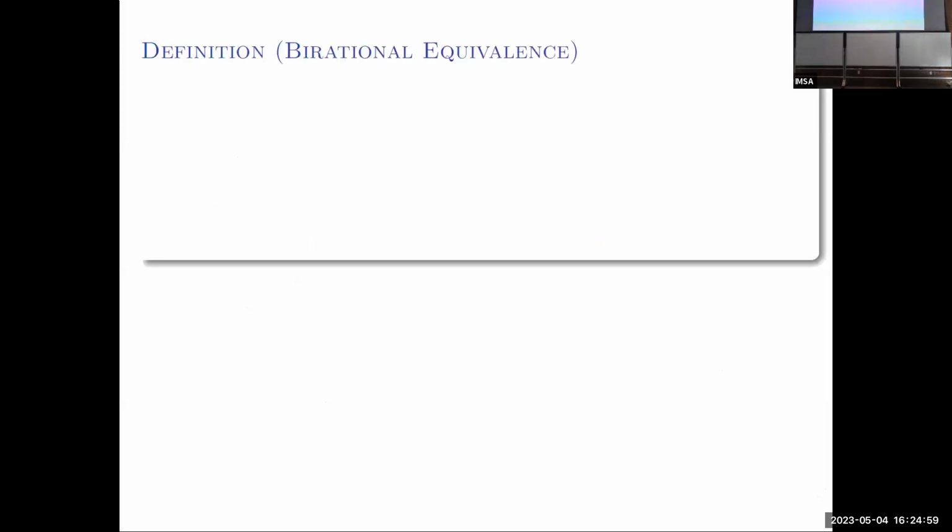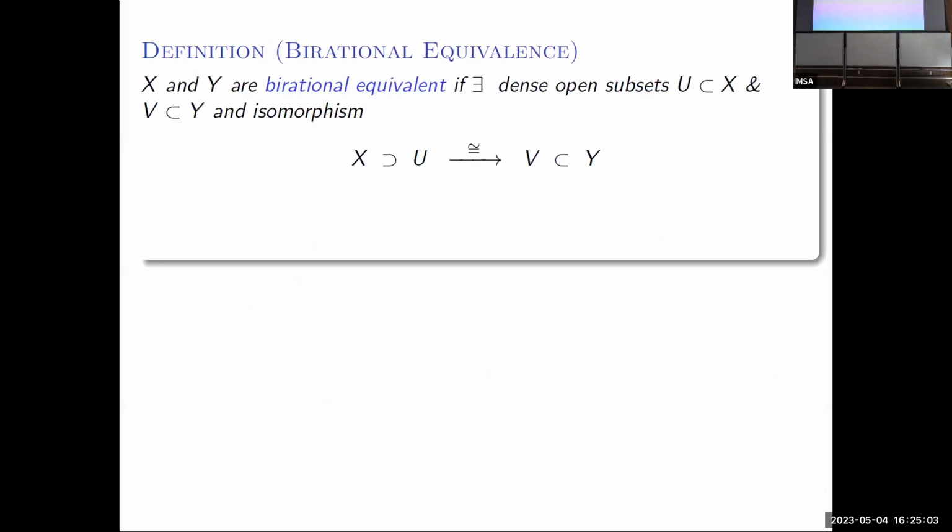So let me remind you of the definition of a birational equivalence. We say that two projective varieties are birationally equivalent when they have isomorphic dense open subsets. For instance, P2 and P2 blown up at a point are birationally isomorphic surfaces.